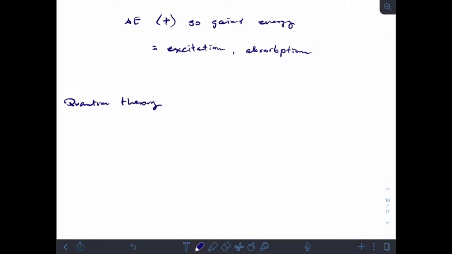Okay, and the two main ideas of quantum theory, first is the idea of wave-particle duality. Okay, that everything has wave characteristics and particle characteristics, all right? It's a dual behavior. And the second main idea is the uncertainty principle.